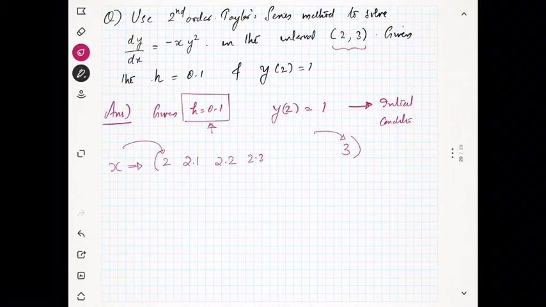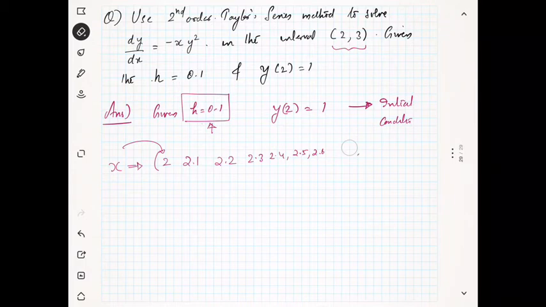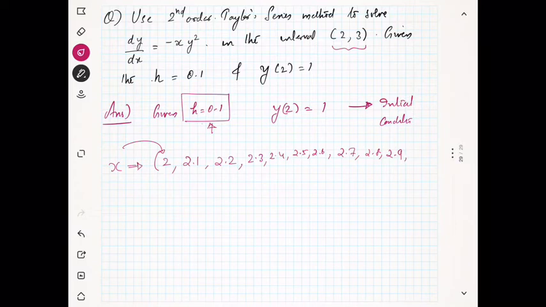Now you see here, this is 2.3, this is 2.4, 2.5, 2.6, then 2.7, 2.8, 2.9, then it is 3. So we want to obtain all these values. This is the value of x, and it is given x naught.